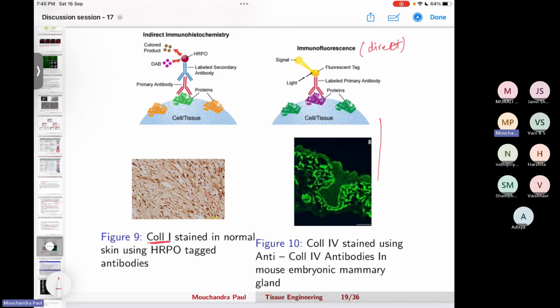So here the fluorescent tag is there, you give some light of a particular wavelength and you get a fluorescent signal. In this image, collagen type 4 is stained with anti-collagen 4 antibodies, meaning antibodies specific to collagen type 4, and that helps you understand the distribution of collagen type 4 in your tissue sample. Here it is done on mouse embryonic mammary gland.